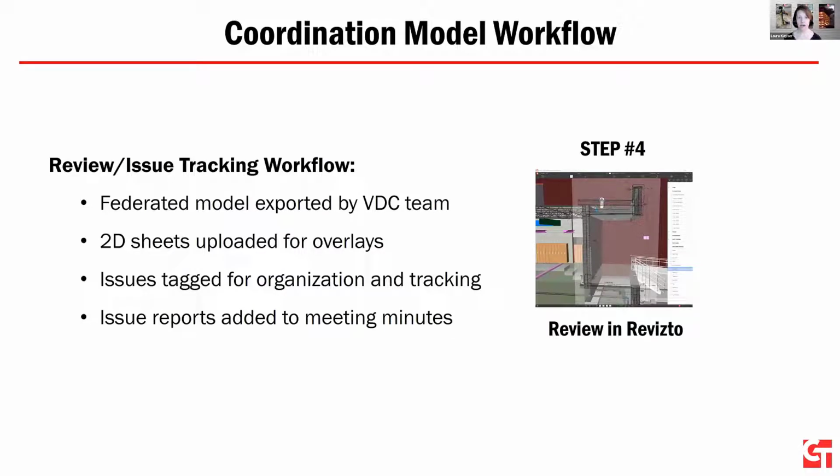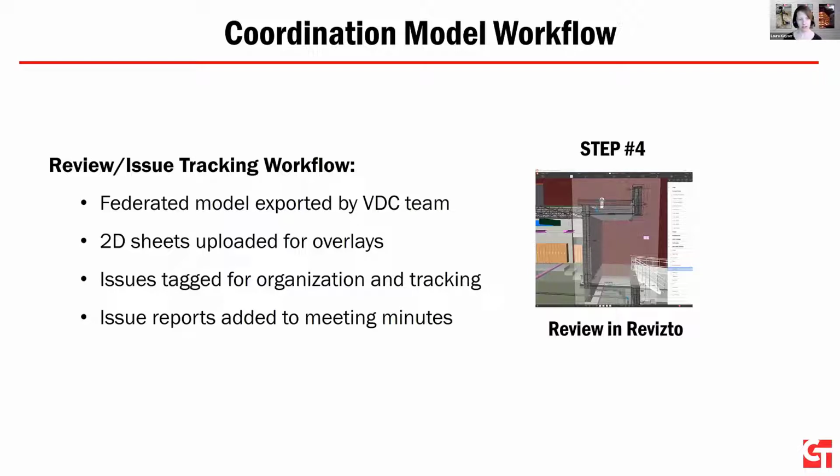So we are using it for our issue tracking, specifically in our VDC department. The rest of our office is starting, as some other people have mentioned here, to use BIM 360 Docs for issues. So we've tried to look at integrations with Docs, but are still just sticking to Revisto. So when we think about moving in here, the VDC team is exporting out a federated model from Navis to Revisto.